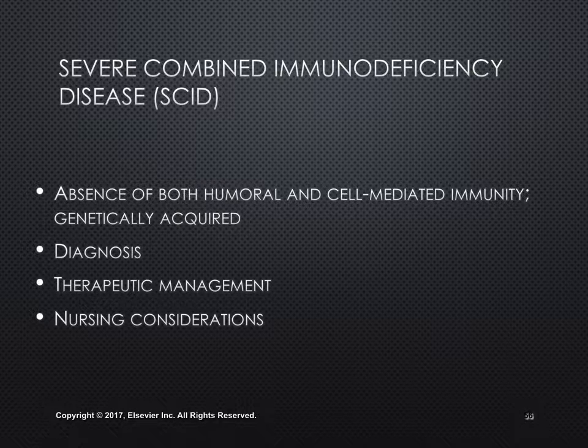The therapeutic management involves blood transfusions and isolating the children to protect them from getting infection. These are the kids in the bubble, that any kind of exposure to infection is going to make them very, very ill. And I'm not going to spend a lot of time talking about it because it is very, very rare, but just something that you should know about.